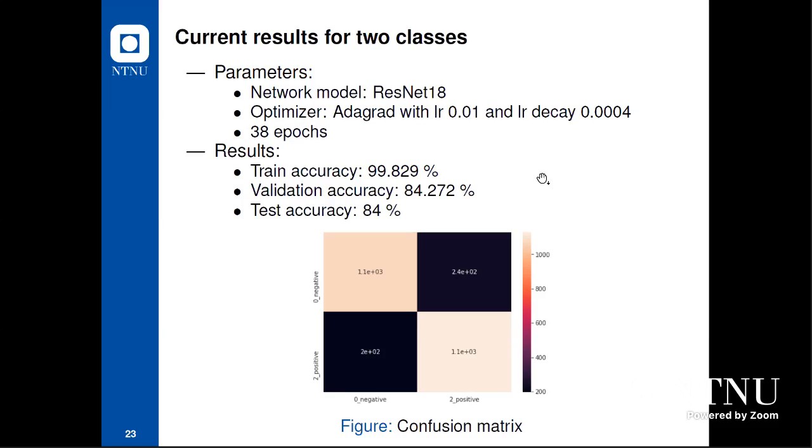This is my confusion matrix for the two classes case. I used a ResNet 18 network. The optimizer is Adagrad with a learning rate of 0.01 and a learning rate decay of 0.0004, with 38 epochs.